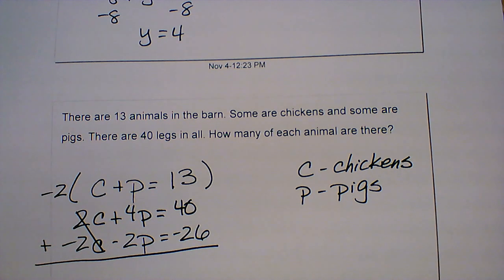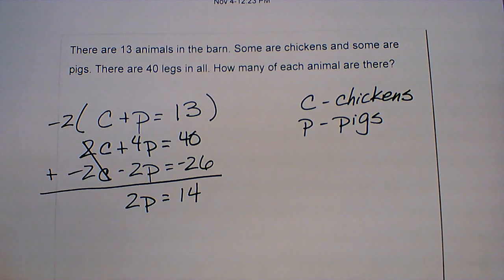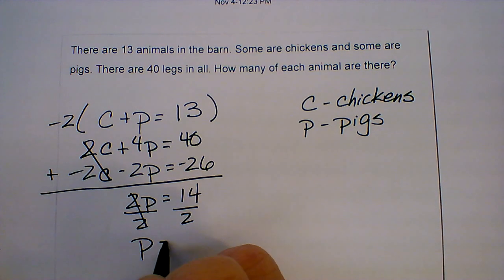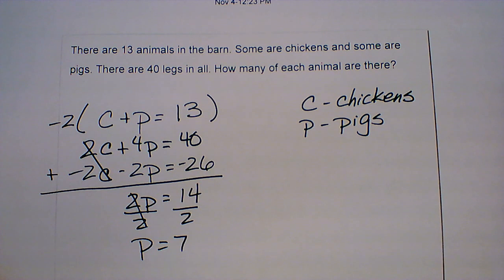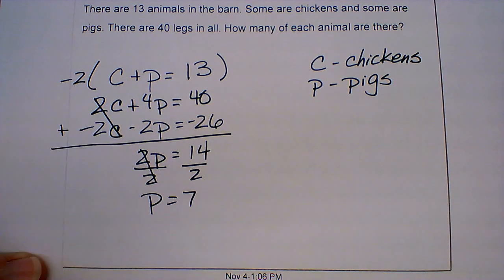Okay, the c's cancel out, so 4p minus 2p is going to leave me with 2p. 40 minus 26 is 14. Divide both sides by 2. So there are 7 pigs. Let's go back to one of our original equations.